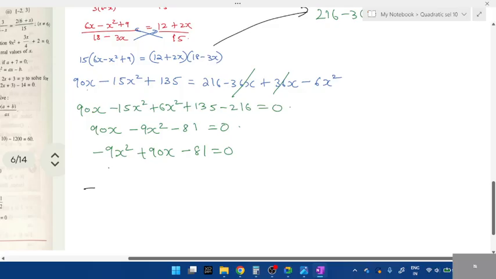Okay. So what will you get? If I take 9 common, inside the bracket, those who don't know the calculation, look at this. Let me quickly teach you. Take the first one, divide by minus 9. What's the next one? Plus 90x divided by the common value. What's the third one?